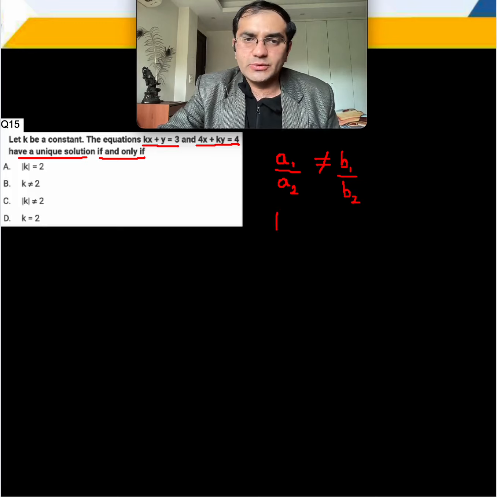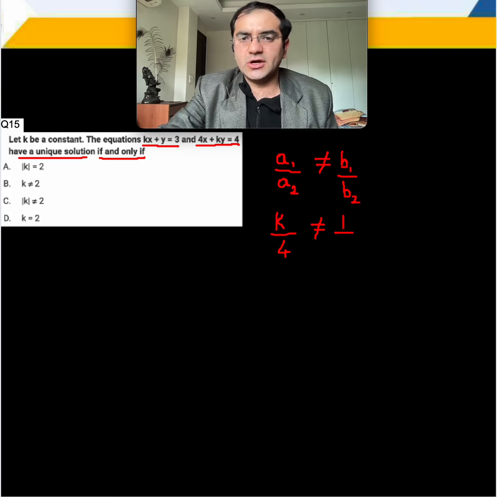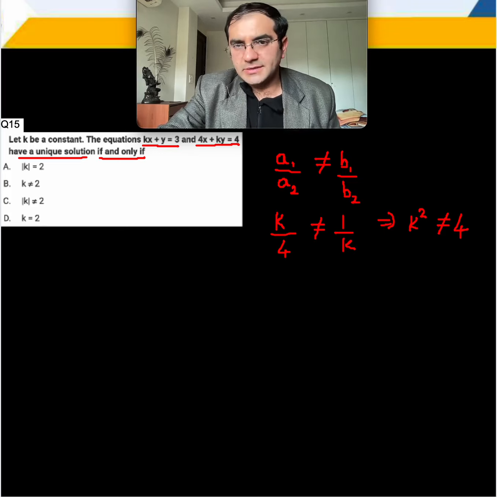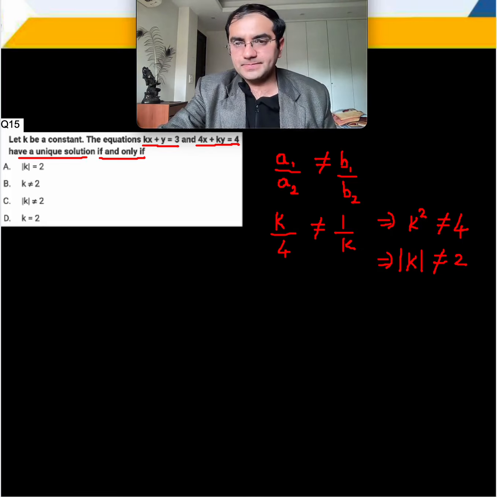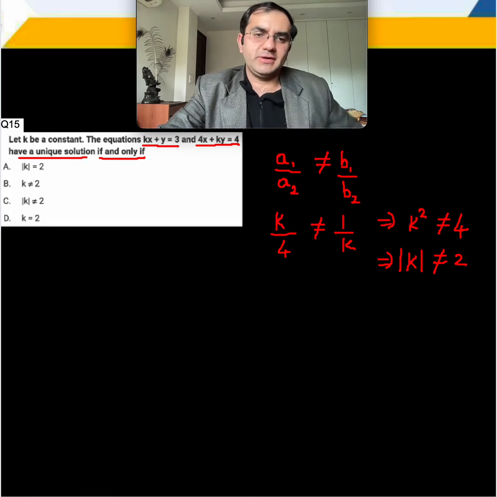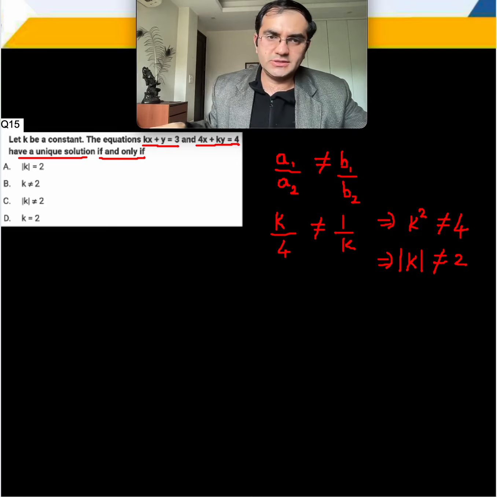So just take the coefficients, that's k upon 4 are the coefficients of x, and the coefficients of y are 1 and k, so this is not equal to 1 upon k. So k square should not be equal to 4. If you write it in terms of mod, it means that k is not equal to plus minus 2, or mod k is not equal to 2, and therefore C part is the right answer for this question.